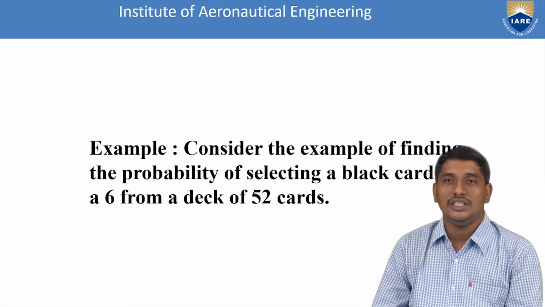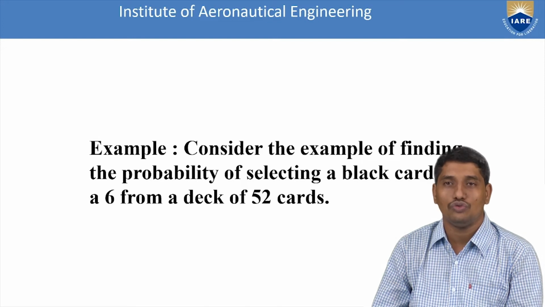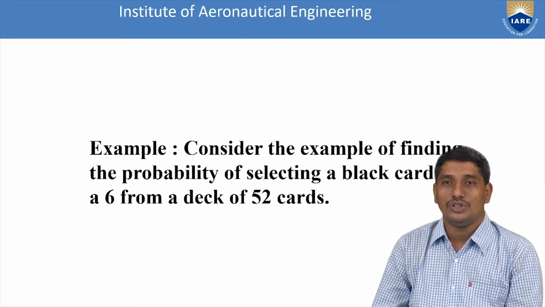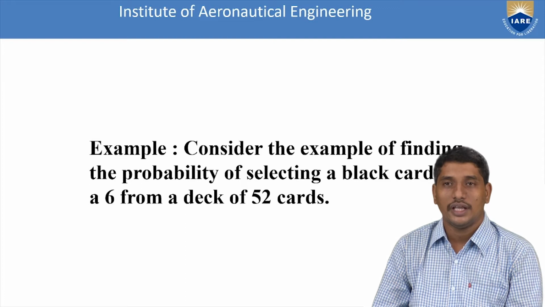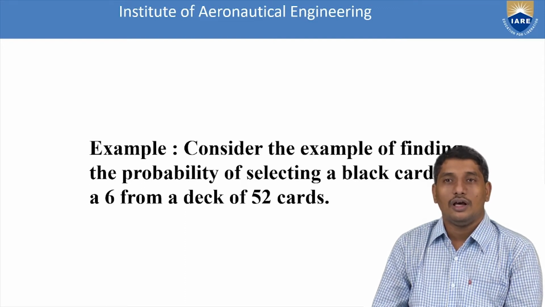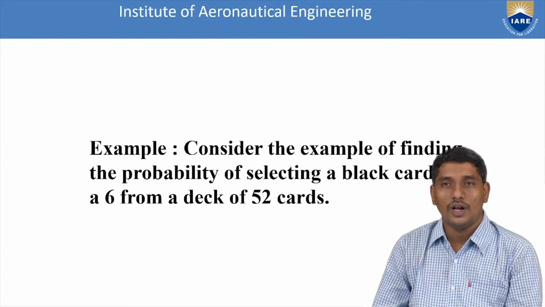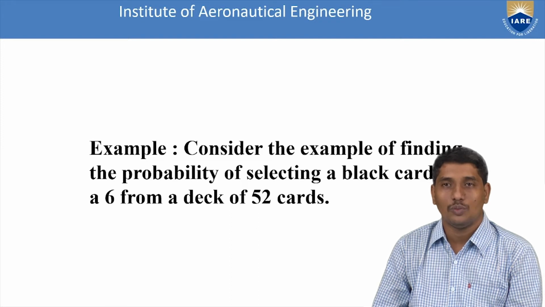Numerically, each card is nothing but the numbers 1, 2, 3, and so on up to 10, 11, 12, 13. So the 13 cards represent numerically the numbers 1 to 13. But for the sake of interest in the game, the number 1 is not called card 1.